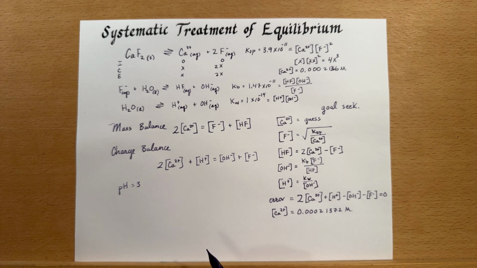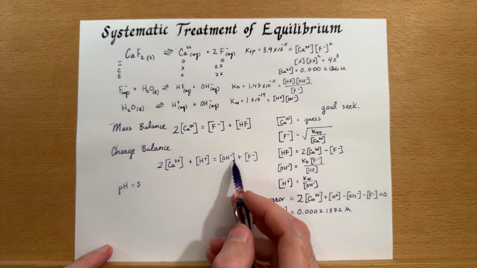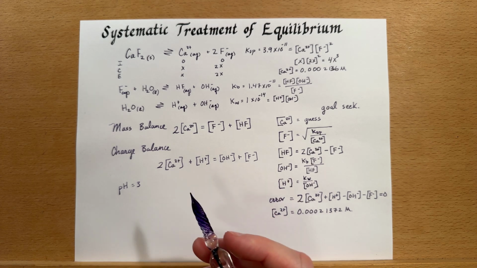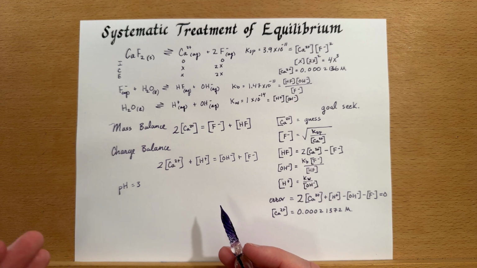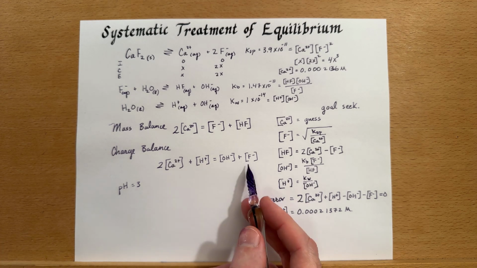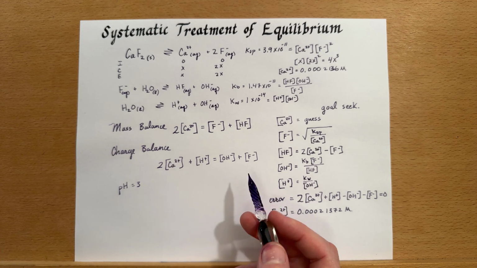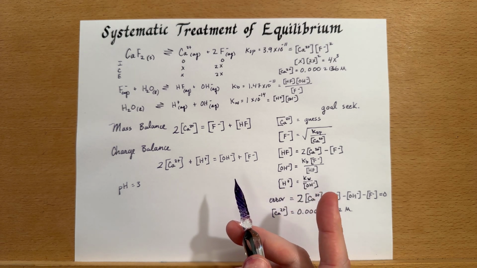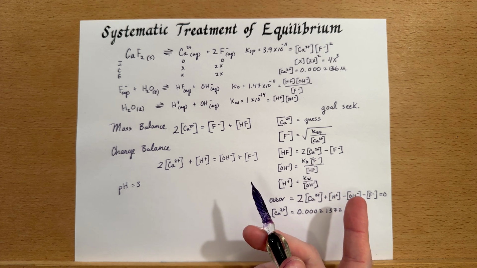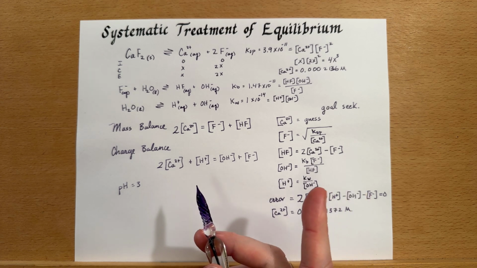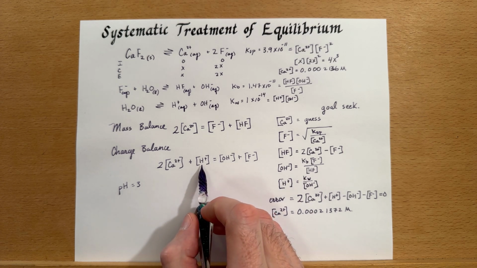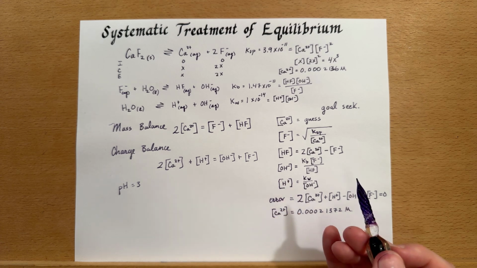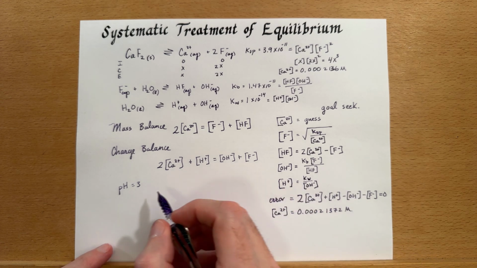Well, if we put this in a buffer, then we can no longer use the charge balance equation because there's other charged species contained in a buffer that we will not be able to account for in the charge balance equation. But that's okay because it's reducing the number of variables that we have to solve for, because if it's in a buffer at pH 3, we'll know the concentration of H plus and the concentration of OH minus. So that simplifies our problem.